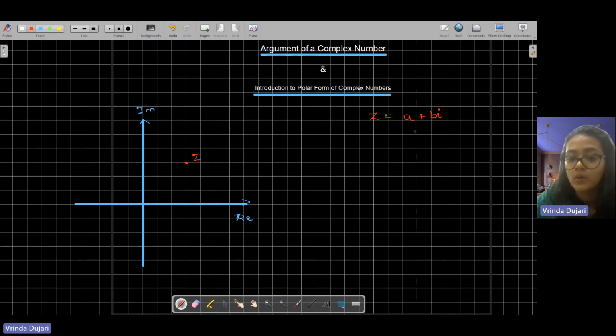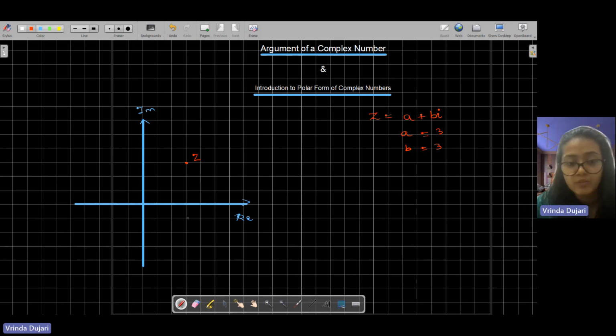So if I know the values of a and b, that would make the position of this complex number fixed on the complex plane, right? So for instance, let's say that the value of a is 3 and the value of b is also 3.